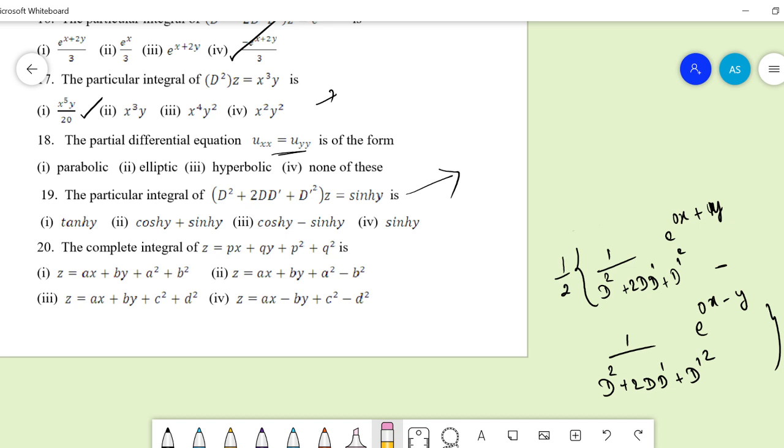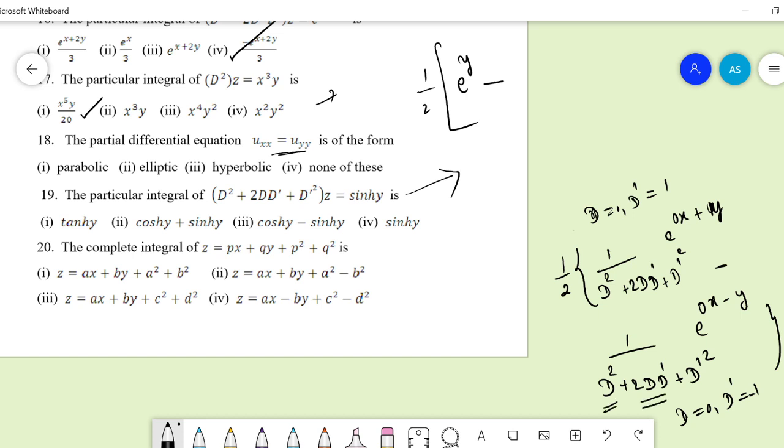Here D is 0 and D dash is 1, so we get 1 for e power y. For the second term, D is 0 and D dash is minus 1, and D dash squared is 1, so again 1, but with e power minus y.